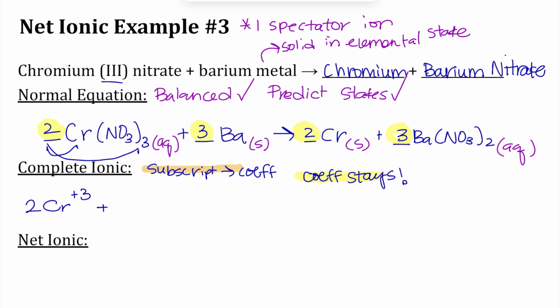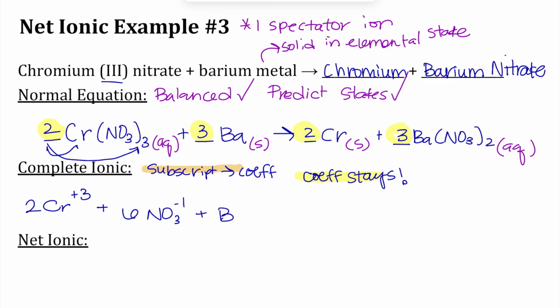Plus, well, I have 2, but I also have that 3, so I'm going to actually have 6 NO3 minus 1s. I am going to combine that subscript, makes this a 3 NO3, but then I also have 2 of those, so that's going to become 6 nitrates.